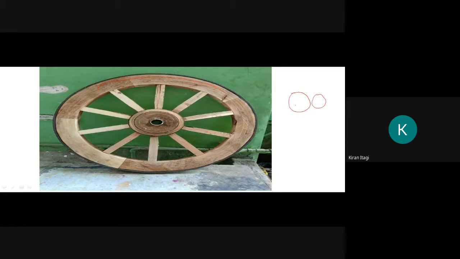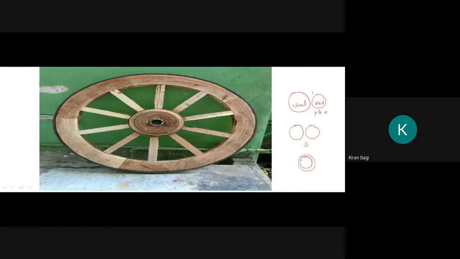So what they will do is heat up this steel. You know the property of steel, after heating it expands. After expanding it will be the same size as the wheel, so they will cover the circumference of the wheel with the steel. There will not be that much gap.